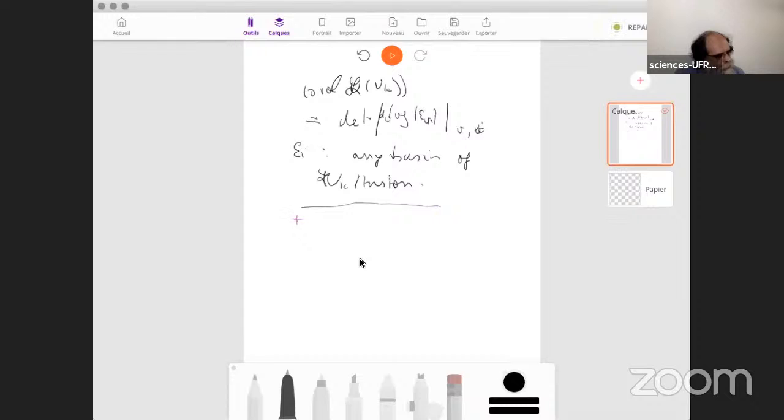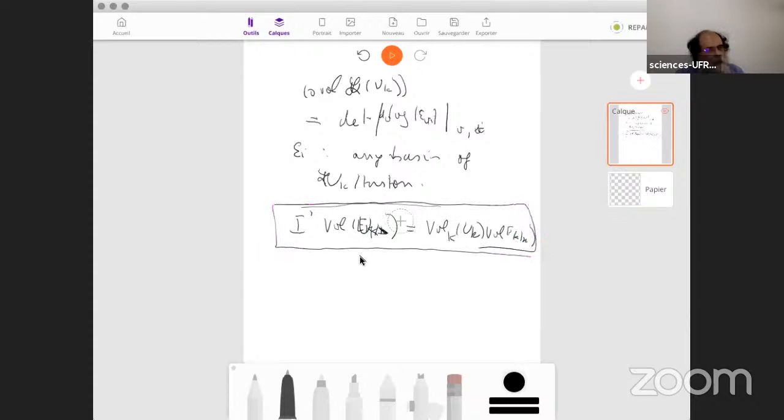So you have again I prime times the volume of the relative units equal to the volume capital K of the small unit groups times the volume of UK. Okay, right. So you have this exact formula.